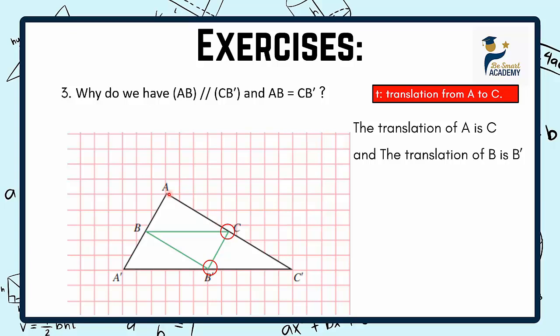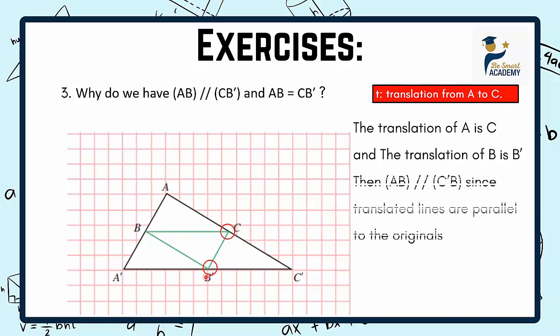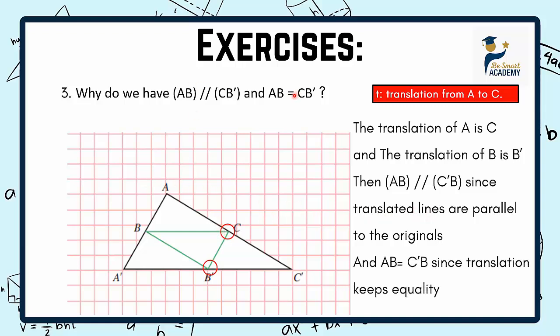Then the translation of line AB is now CB prime, and one of the properties of translation implies that the translated lines are parallel to the originals. So the translation of AB, which is CB prime, is parallel. And why are they equal? Since also translation keeps equality. So if segment AB is translated to be CB prime, they would be equal.